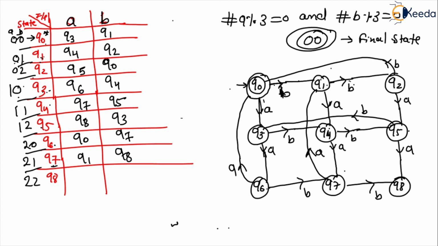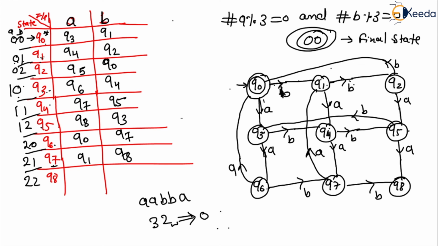Now Q8 on input A. So just read out the path to reach Q8 from initial. You can use any path. So just read out that A, B, B. Got it. So double A, double B is the string to reach Q8 from initial. And when you apply the input A on this, total number of A is 3, total number of B is 2. So again, number of A is divisible by 3, so remainder is 0.